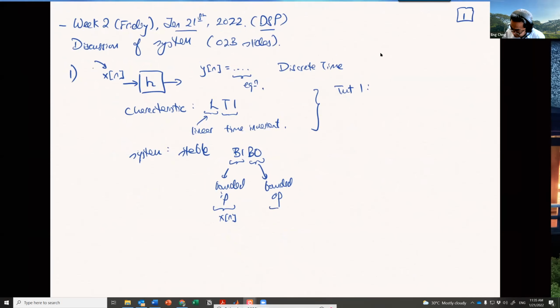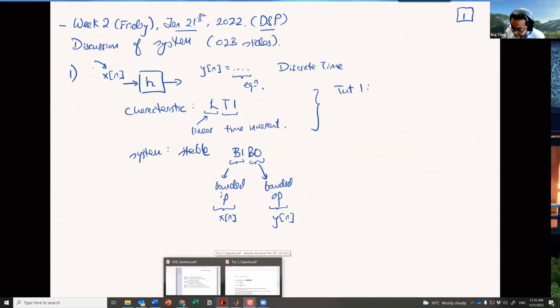And the output y of n also does not go to infinity. So when the input is bounded, the output is bounded. Now, of course, if the input is not bounded, for example, if I send an infinity, then it doesn't matter. We're not interested in that problem. What we're interested in is that when we send an input that's bounded, would the output be bounded? And we want to design system like that because this is a stable system. That means it doesn't create problems later on.